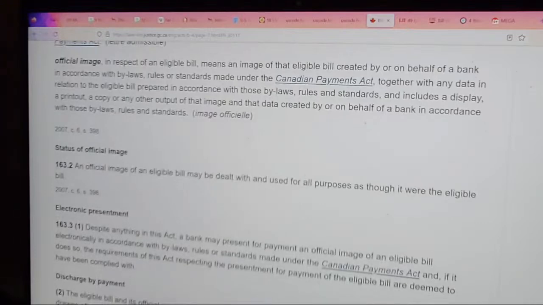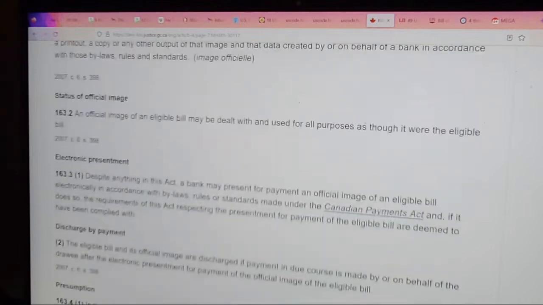Official image, in respect of an eligible bill, means an image of that eligible bill created by or on behalf of a bank in accordance with bylaws, rules, or standards made under the Canadian Payments Act, together with any data in relation to the eligible bill prepared in accordance with those bylaws, rules, and standards, and includes a display, a printout, a copy, or any other output of that image and that data created by or on behalf of a bank in accordance with those bylaws, rules, and standards.